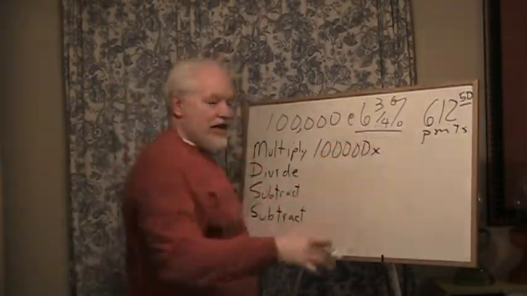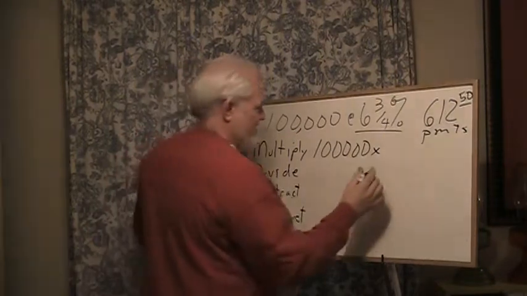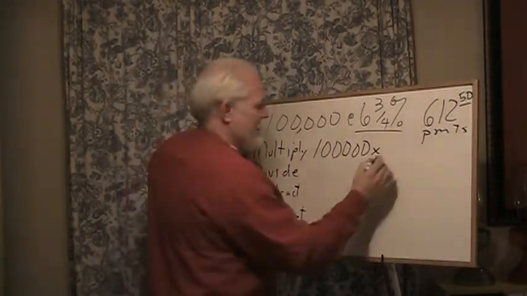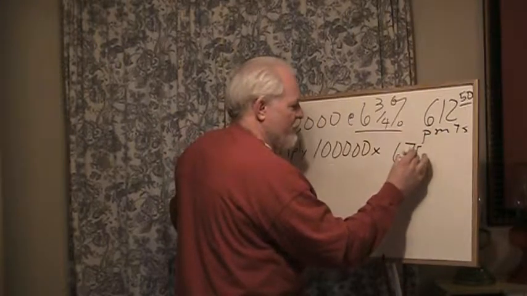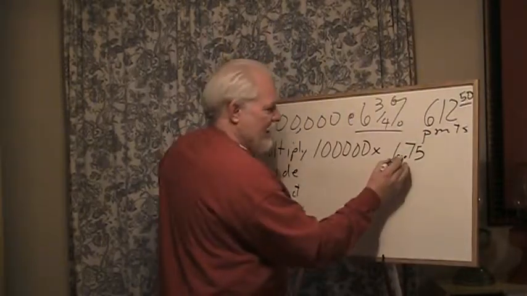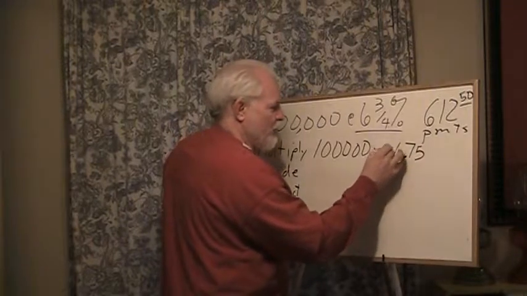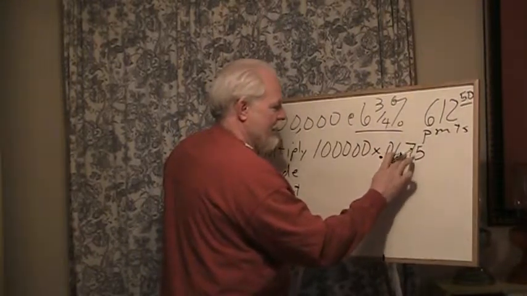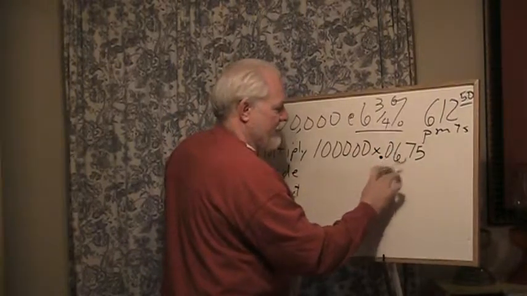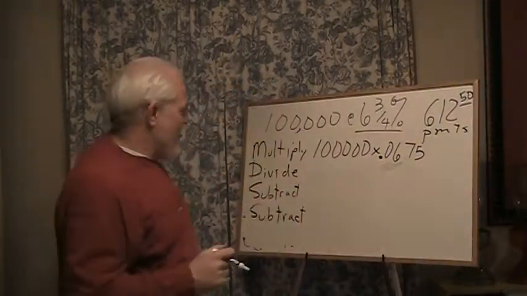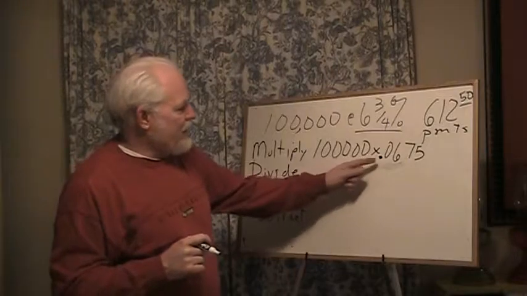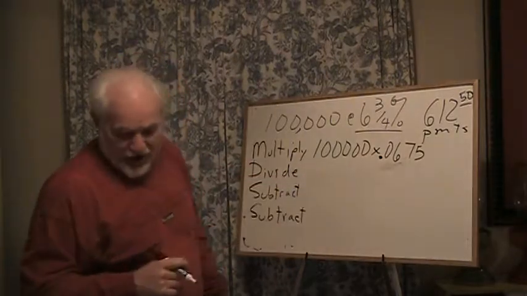Now, 6 3/4%, that is 6.75%. We move the decimal 2 places over, and in the calculator it looks like 0.0675. $100,000 times 0.0675.